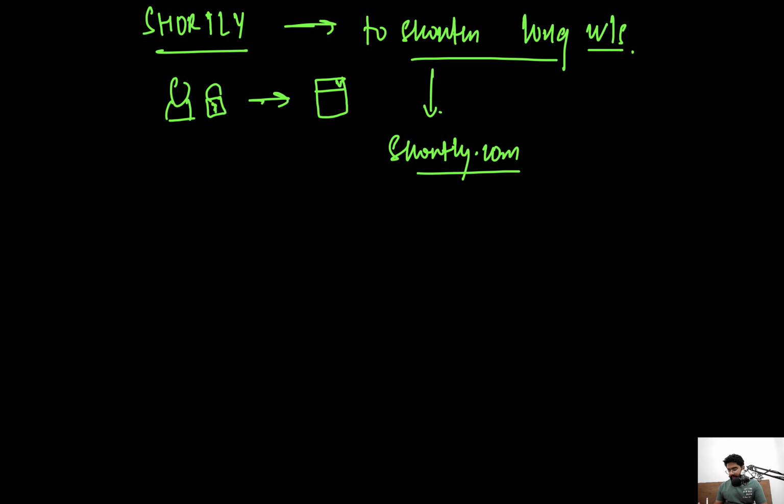I don't think this domain is available, but let's just assume it has something like this. So when anyone visits this link, they will be redirected to the original link, the long one. So that's what this application is about.